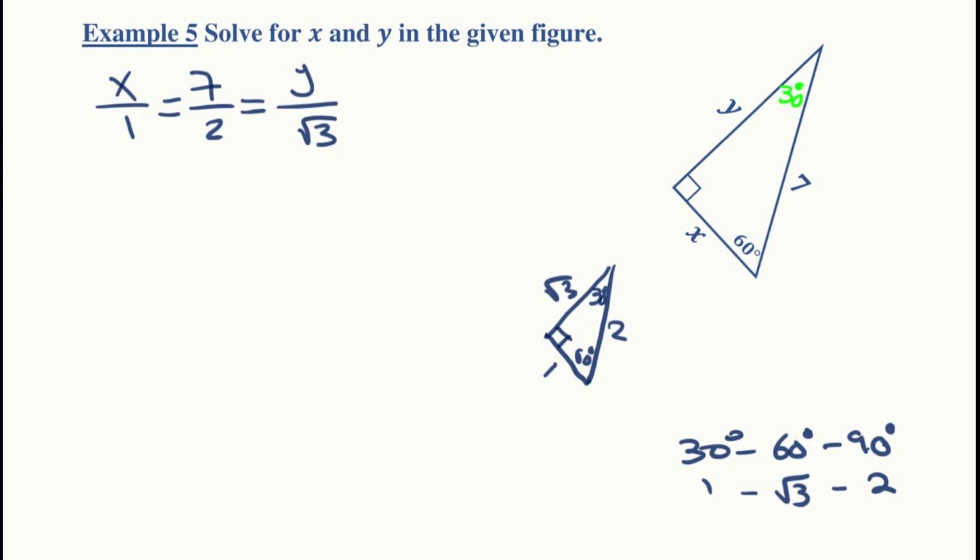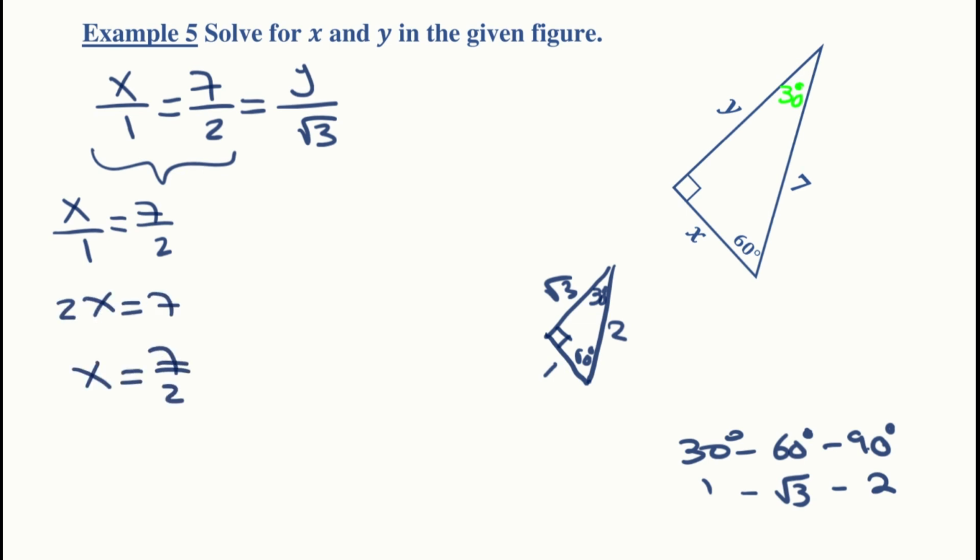So now I'm going to take that equation and solve for x. So notice I get, by cross multiplying, 2x equals 7. So x equals 7 halves. And I'm going to take this equation and I'm going to solve for y.